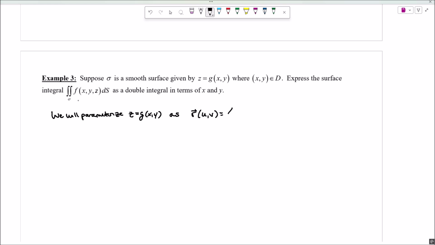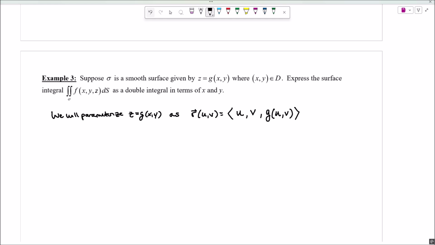And this is so incredibly simple to do. Note that if I just let x be equivalent to u, if I let v be equivalent to y, then all I would have to do to get a formula for z is to replace all of the x's and all of the y's with corresponding u's and v's in the original given formula. So this could represent a parameterization.